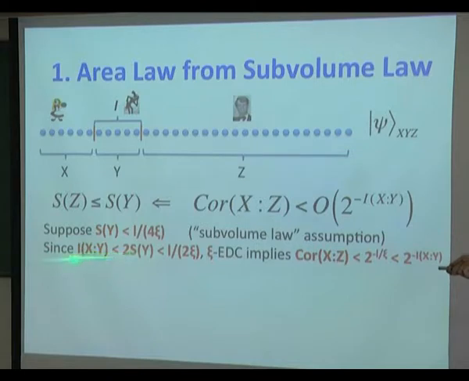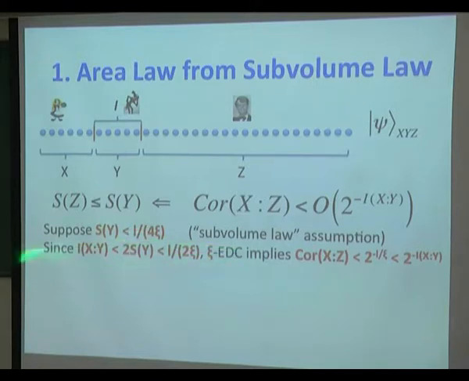The mutual information between X and Y, one property that we saw before, is that it is always smaller than twice the entropy of Y. The same thing will be true for X, but let's use this relation. Now let's use our assumption on Y: the entropy of Y is smaller than L over 4 xi. So times 2, we just found that the mutual information of X with Y must be smaller than L over 2 xi. So we have a bound on the mutual information of these two regions, X and Y.